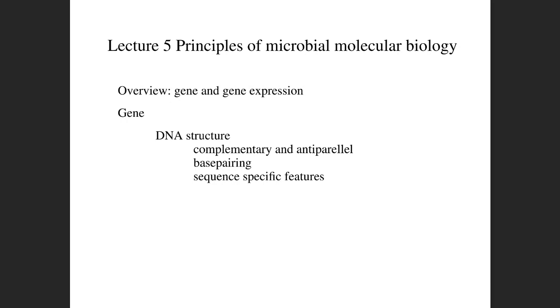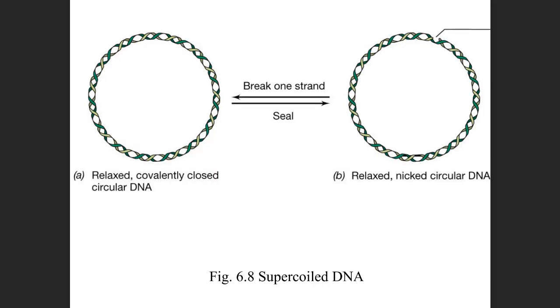All right. Now, in addition, the DNA actually forms supercoiling. To understand supercoiling, you need to understand it's double-stranded, right? So if you have a single-stranded break, remember the two molecules form bonds.